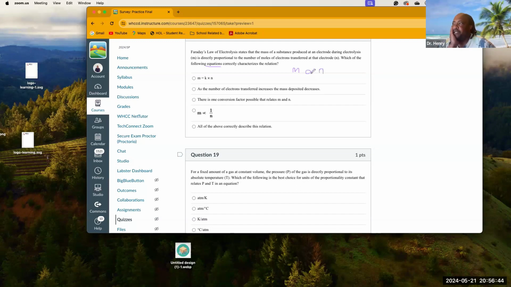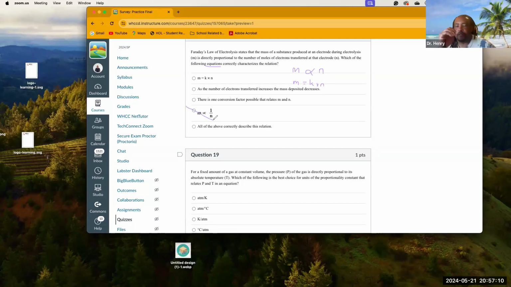To make it so that it's equal, we need to have a constant. Okay, so M is going to be equal to a constant times N. So we know that it's not going to be this one because it's directly proportional.